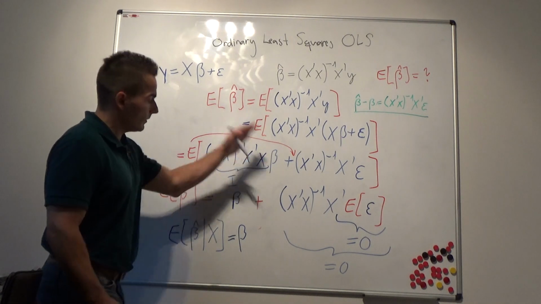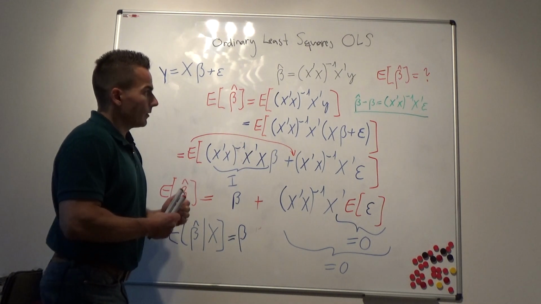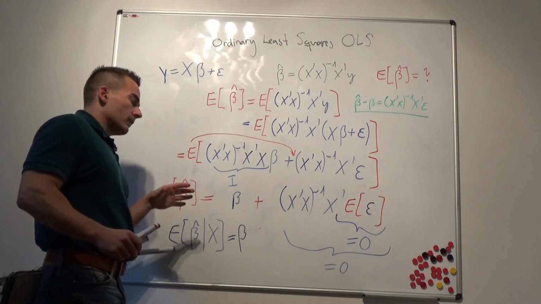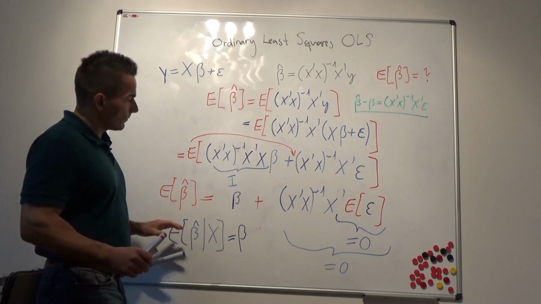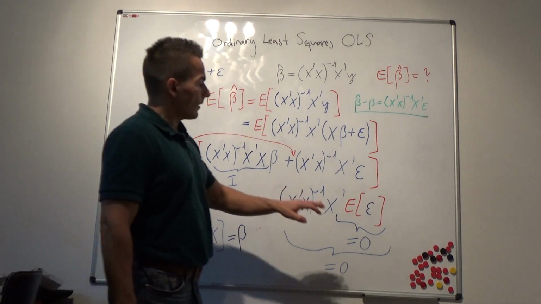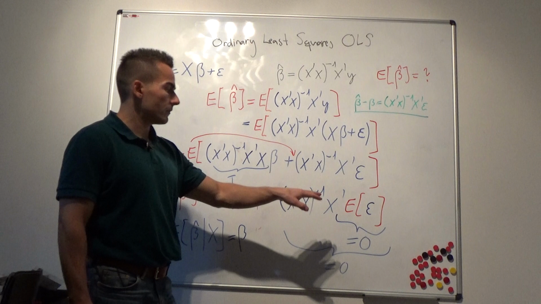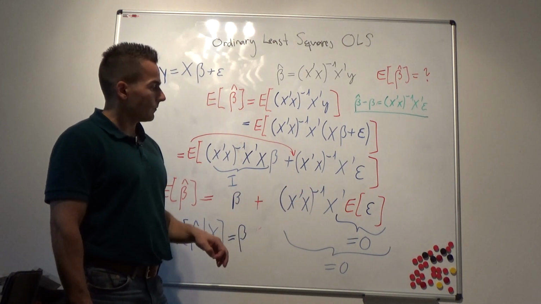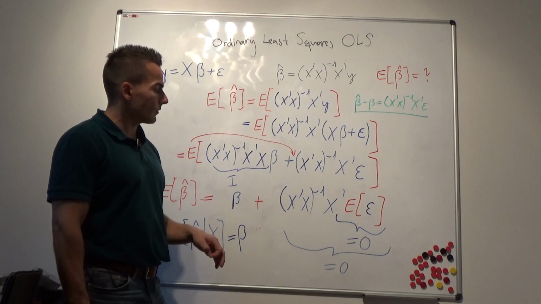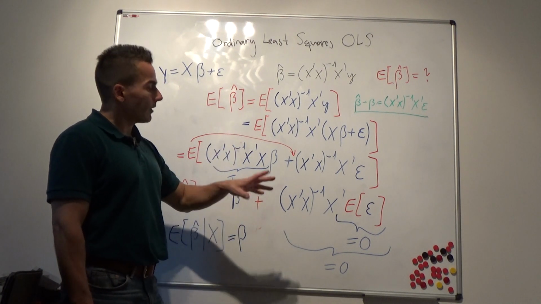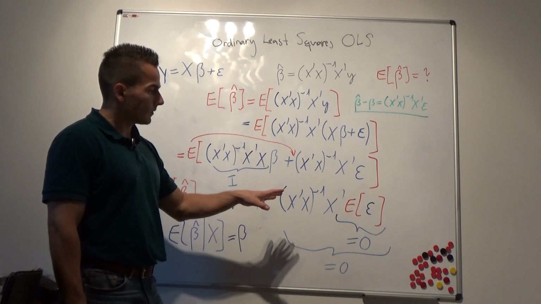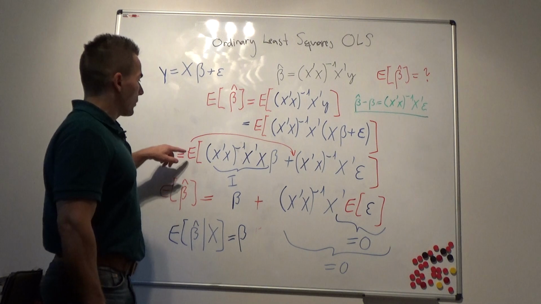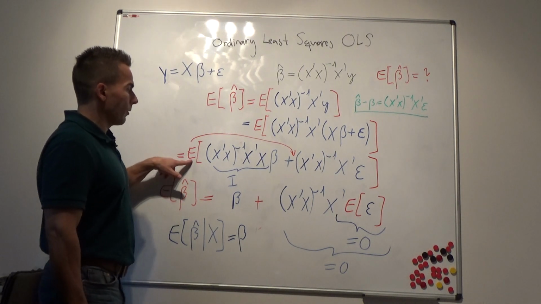The derivation is pretty much the same. The only thing that is important in showing this is that the error term is uncorrelated with the regressor matrix. Whenever the regressor matrix is uncorrelated with the residuals, we can do this operation. We can move in the expectation operator.